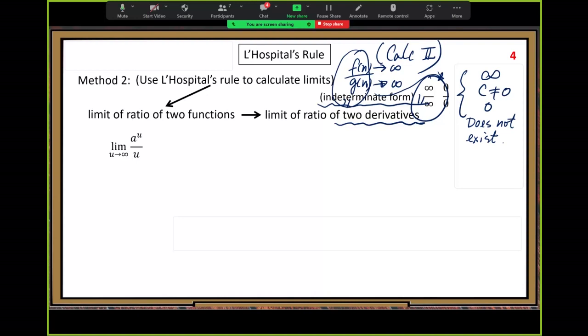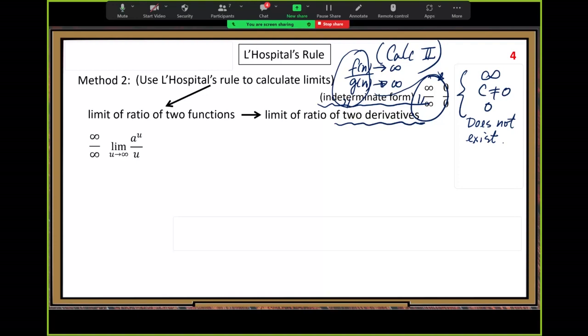Yes, it is. When u goes to infinity, the numerator function goes to infinity and the denominator function goes to infinity. So it's legal to apply L'Hopital's rule here.